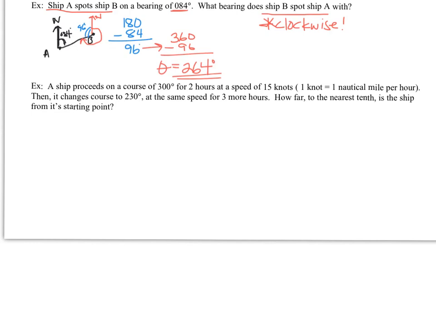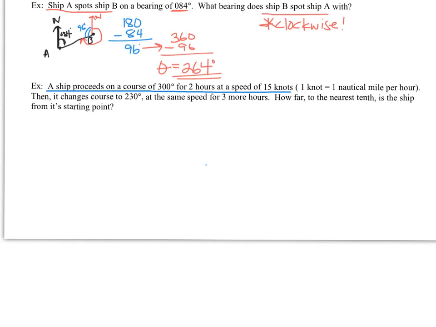And we just have to read one sentence at a time to make that happen. Let's look at the first sentence. A ship proceeds on a course of 300 degrees for 2 hours at a speed of 15 knots. So I'm just going to pick a point kind of in the middle of my paper because I'm not totally sure where this is going to end up when we're done. If I start in the middle, we should be in great shape either way.